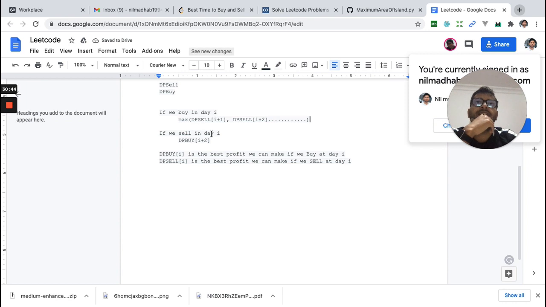And if you sell at day I, it will also be the maximum of DP of buy I plus 2, DP of buy I plus 3, and so on. Something like that. What do you think? This makes sense? Yes.